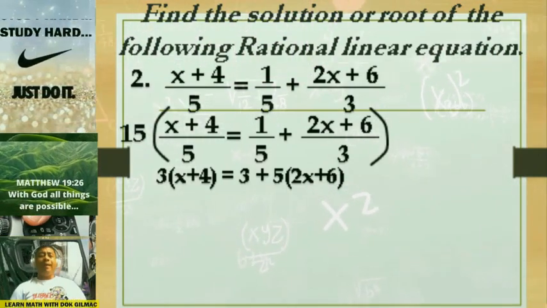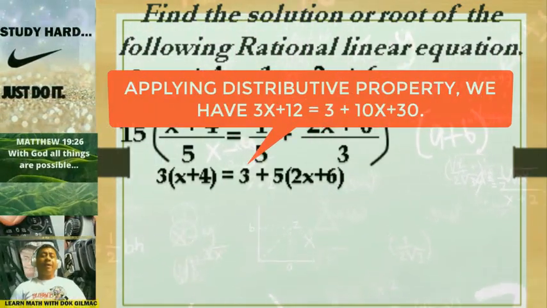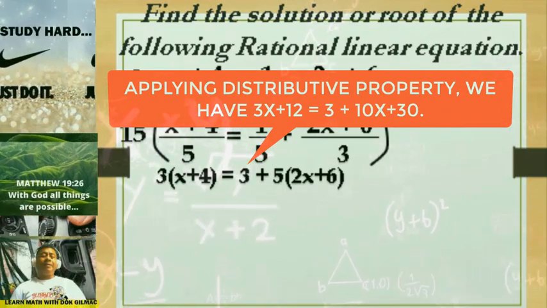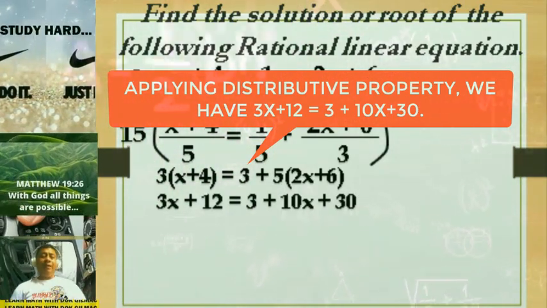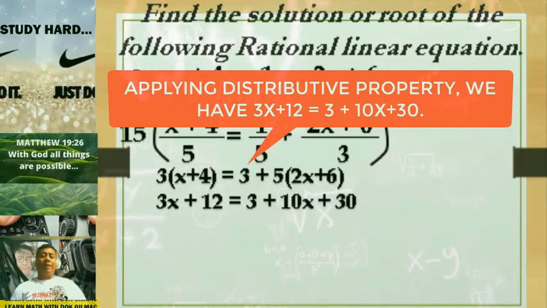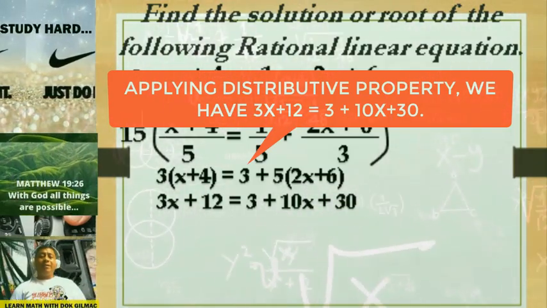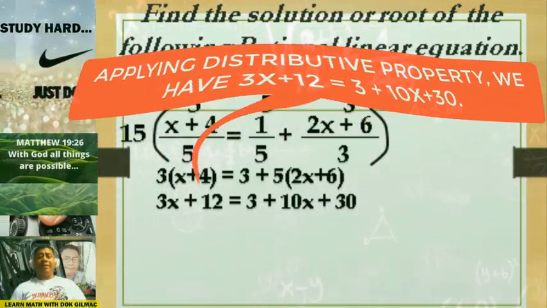Again, we have to apply distributive property. So we have 3 times (x plus 4) is 3x plus 12 is equal to 3 plus 5 times (2x plus 6), which is 10x plus 30.